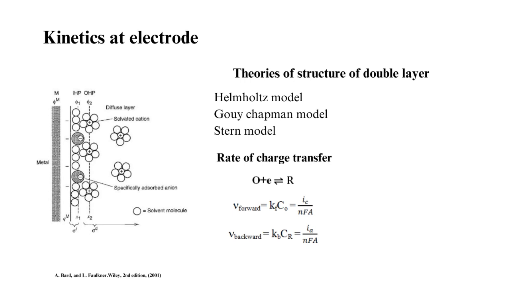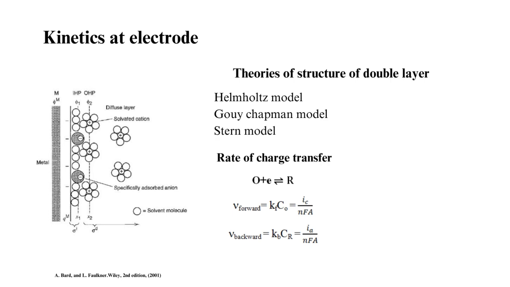Some mathematical explanation behind this rate of charge transfer is given. When the oxidized species combines with one electron to give the reduced species, the rate of forward reaction and the rate of backward reaction are given.